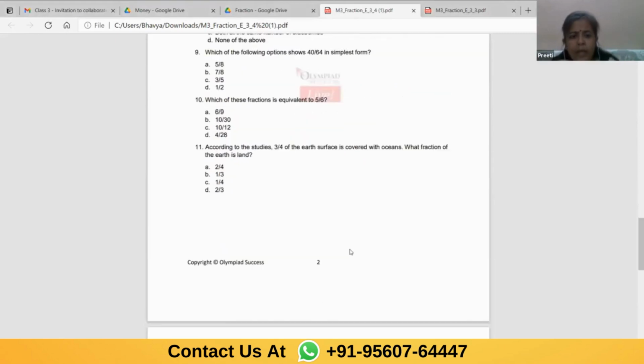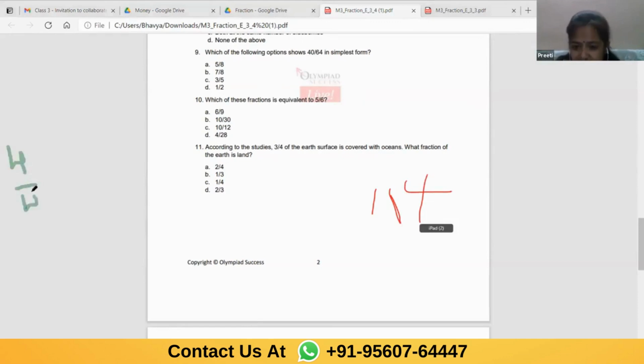Yes, ma'am. According to the studies, 3 by 4 of the Earth's surface is covered with oceans. So what fraction of the Earth is land? Okay, now my denominator is 4. So I can write one whole as 4 by 4. Correct.